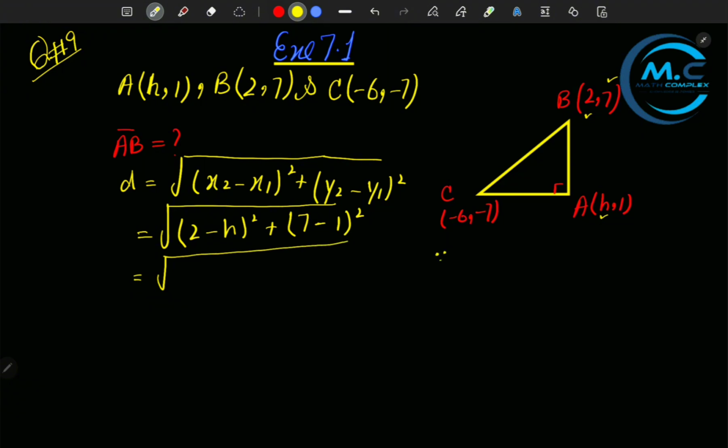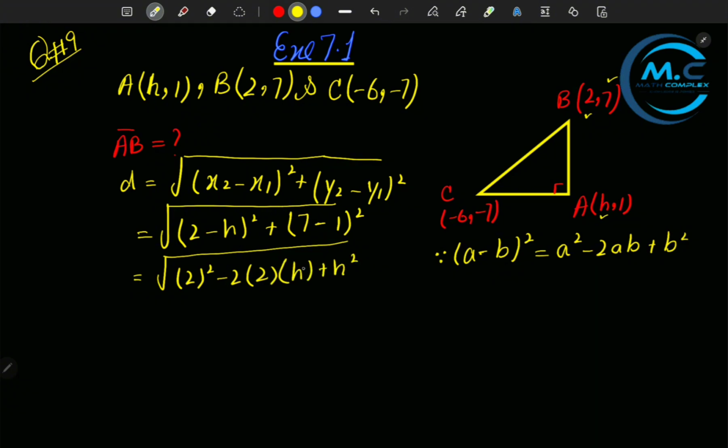As we know, (a minus b) whole square will be equal to a square minus 2ab plus b square. Now we will open the formula here. 2 square minus 2 into 2 into h plus h square, and 7 minus 1 will be equal to 6.